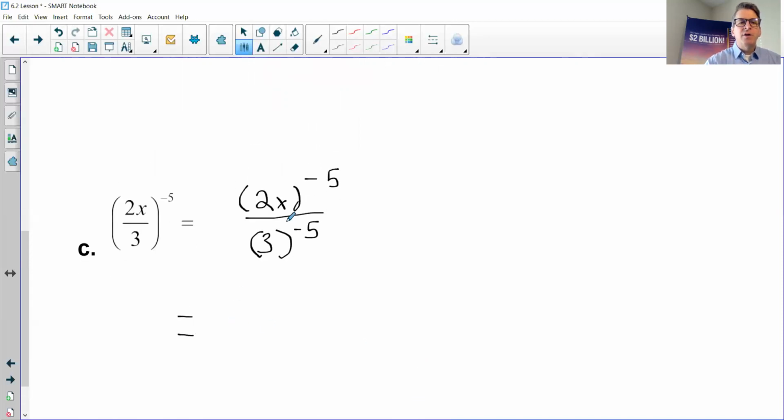Your next step would be to take care of the negative exponent by switching these two positions, the reciprocals of both. So you'd have the 3 now in the numerator position, raised to the 5th, and the 2x in the denominator position, raised to the 5th.